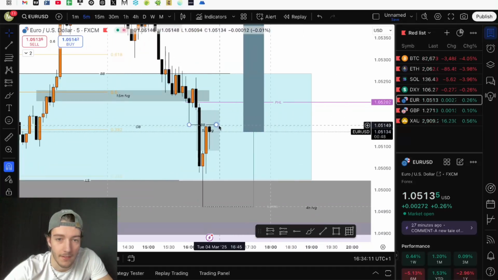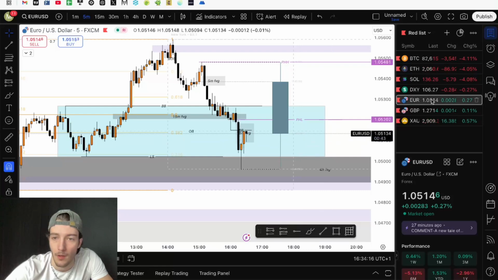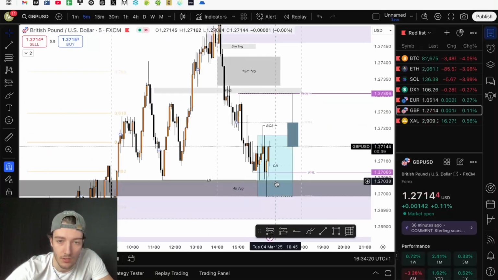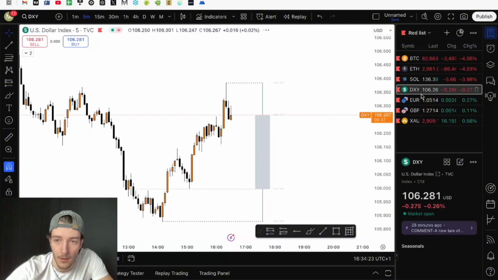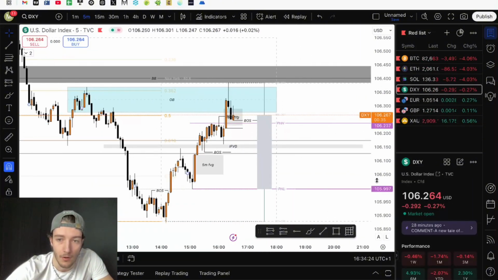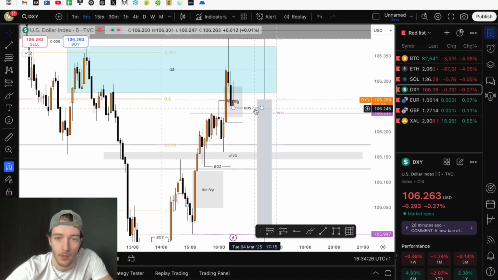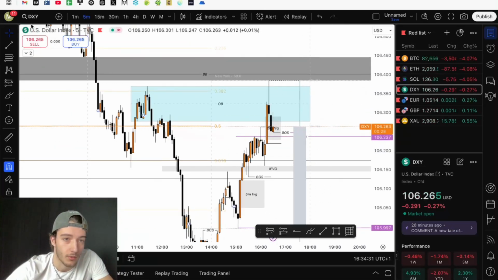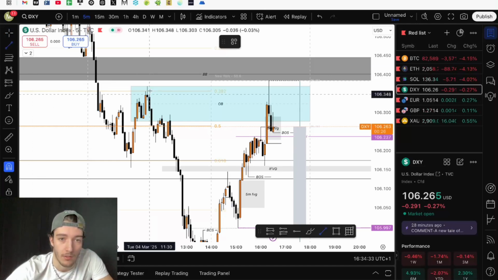So yeah, invalidating this breaker block with this 5-minute bearish fair gap would kind of indicate that we're gonna break structure, and this was just a liquidity sweep and move higher. But the dollar also has to invalidate this breaker block with 5-minute bullish fair gap here. This was also technically a liquidity sweep then.